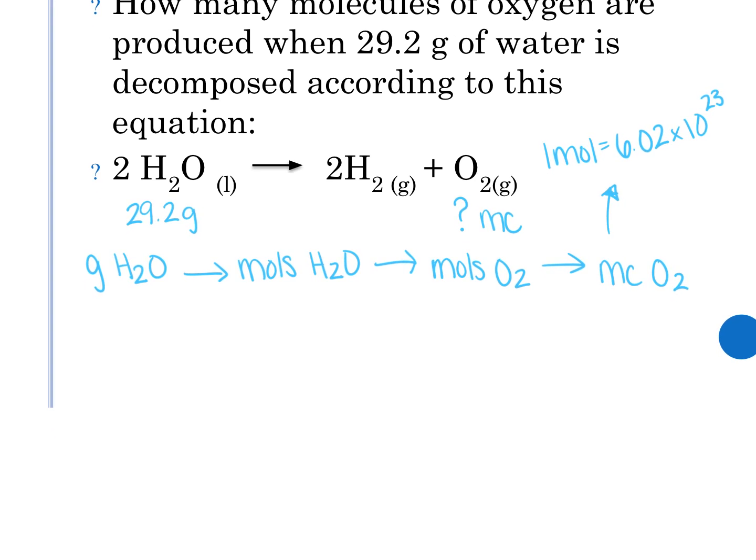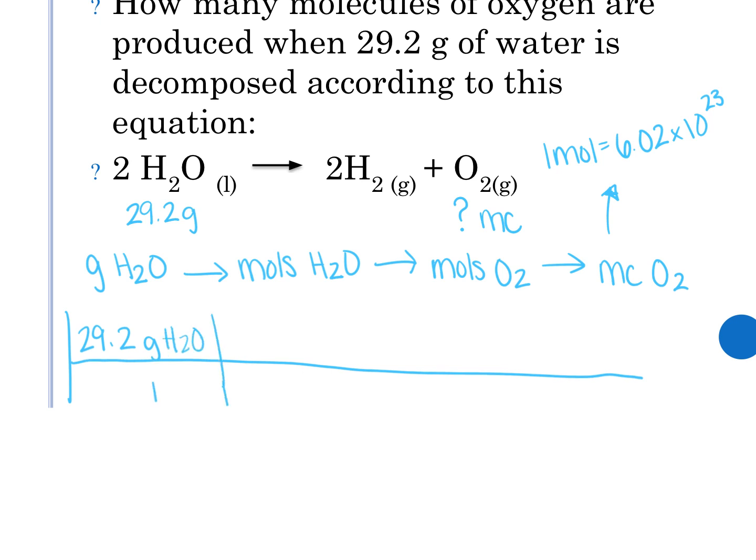Okay, now that we have our plan, are we ready for the dimensional analysis? Okay, what number goes in your first box? 29.2 grams of water. And then what's the molar mass of water? 18.016.